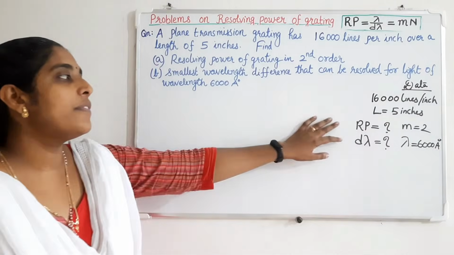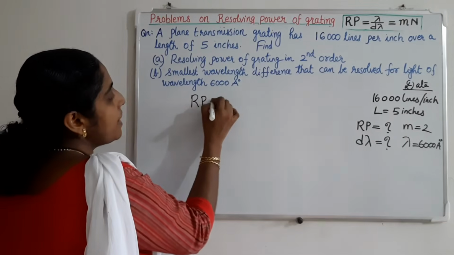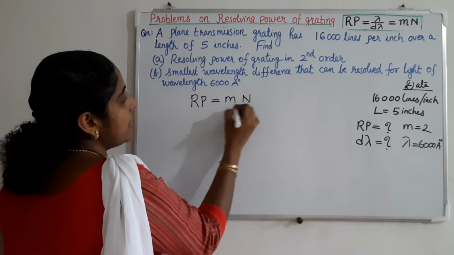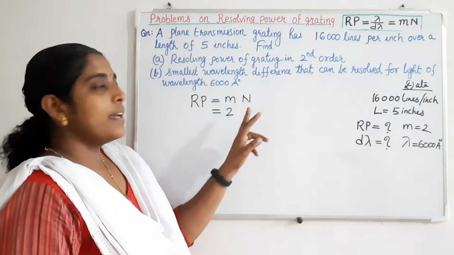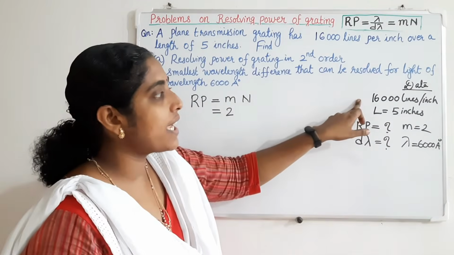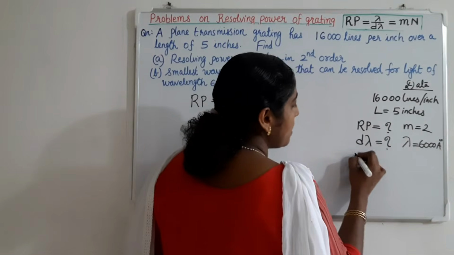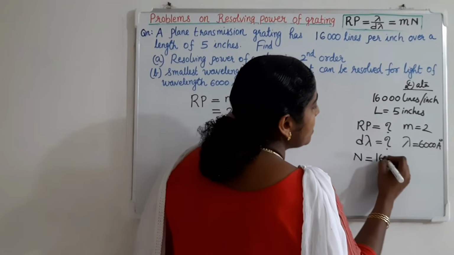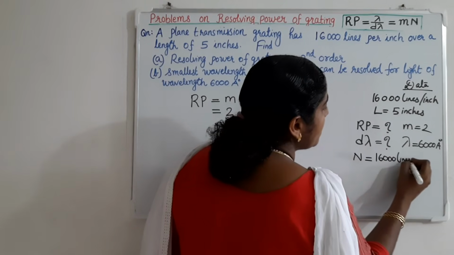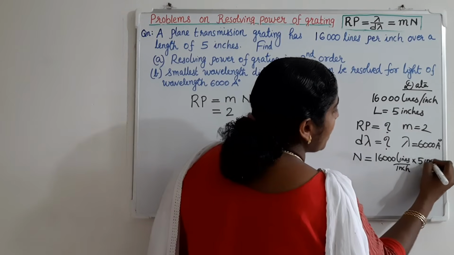So the resolving power for second order we can find out from the expression mN. So m is equal to 2. Here N is the total number of lines on grating. In the question, the lines per unit length is given. So the total number of lines is equal to 16,000 lines per inch into the length of the grating, that is 5 inch.